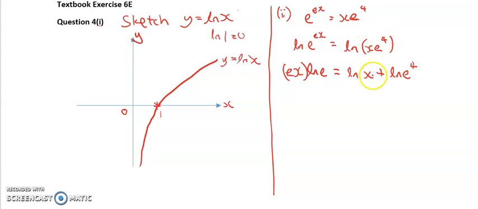Because it's x times e to the power 4, we split into ln x plus ln e to the power 4. Since ln e equals 1, because ln is log base e, and log base e of e gives us 1, you can use your calculator to verify, we end up having x on the left. The power of 4 we can bring down, and again we have another ln e, which equals 1.